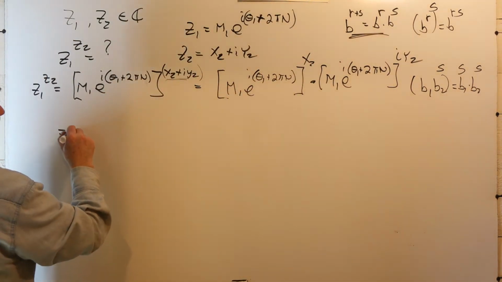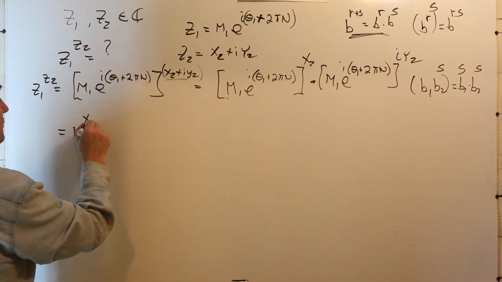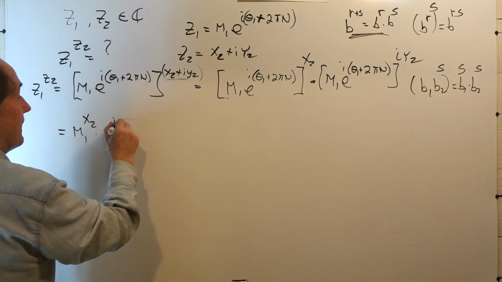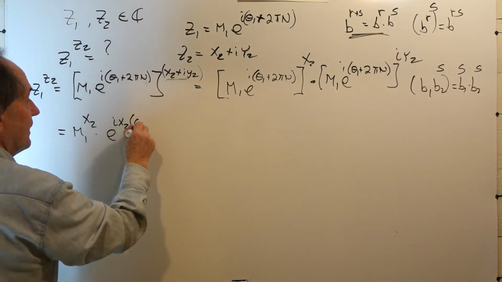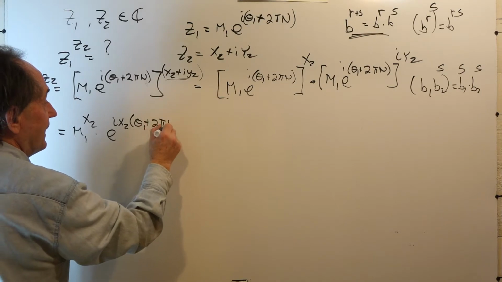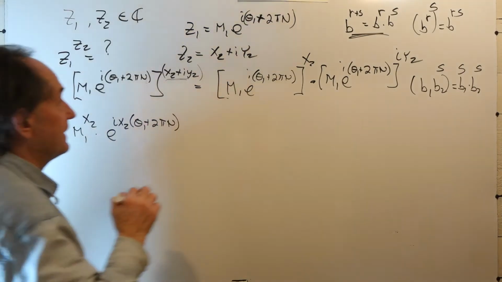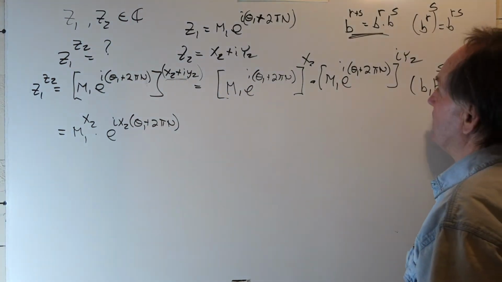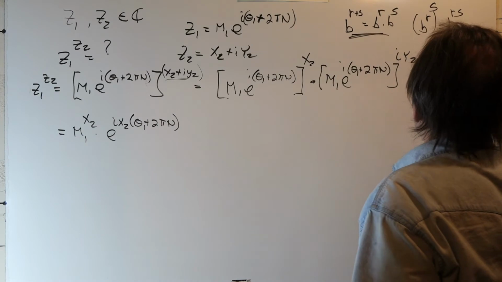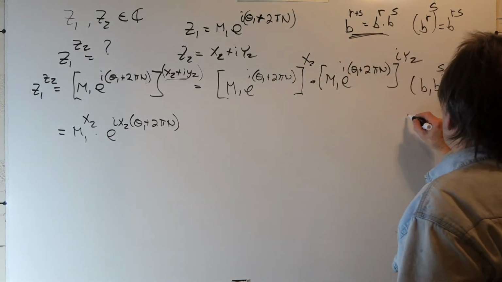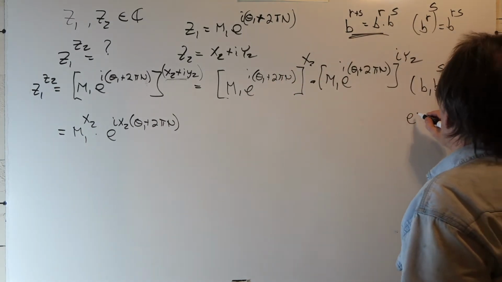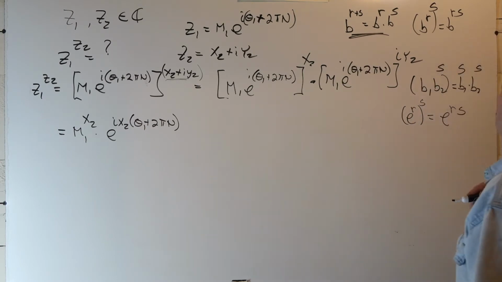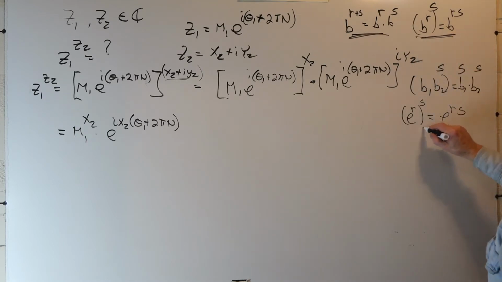So this becomes m1 to the x2 power times e to the i x2 theta 1 plus 2 pi n. What I did here is two things. I first split using this property, and then using this property here, e to the r raised to the s is e to the rs.